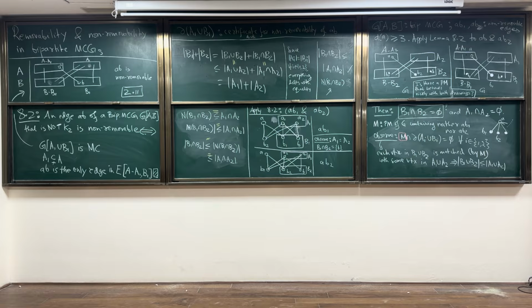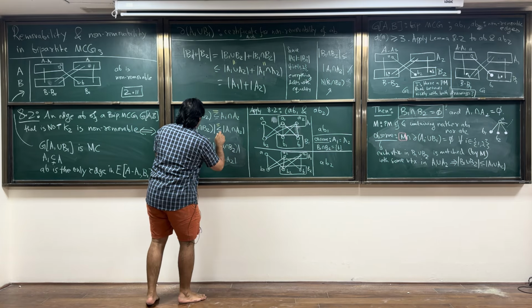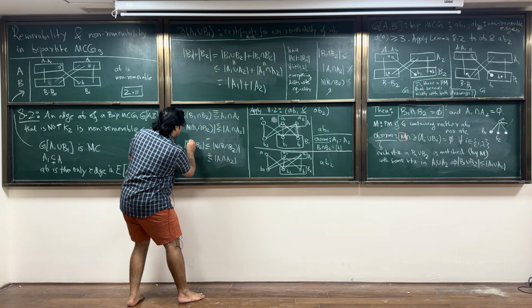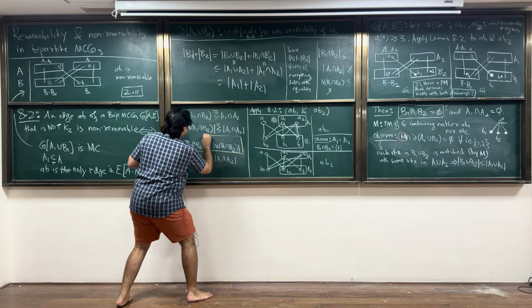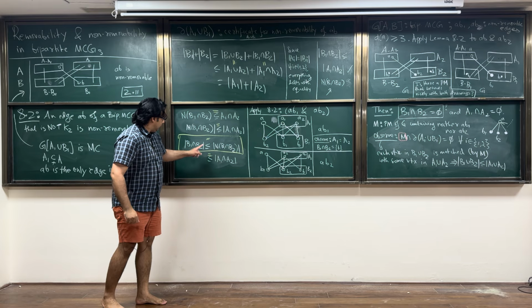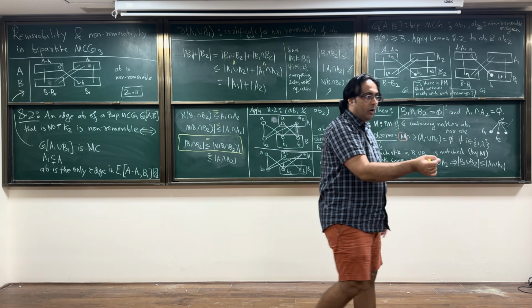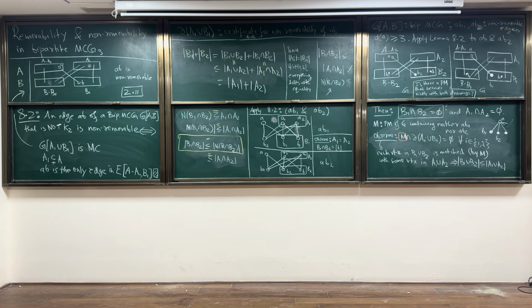For any non-empty proper subset, the neighborhood should be at least one more. So for this to hold with equality, this is the main point now, it means that B1 intersection B2 is either the entire set B or it is the empty set.